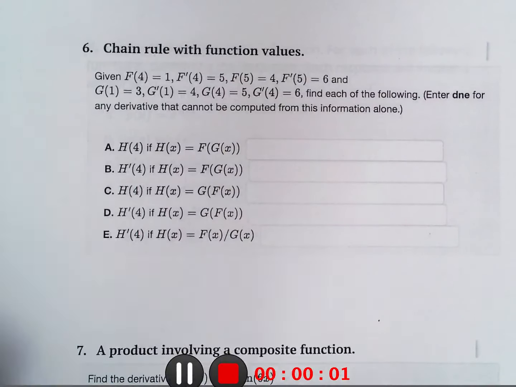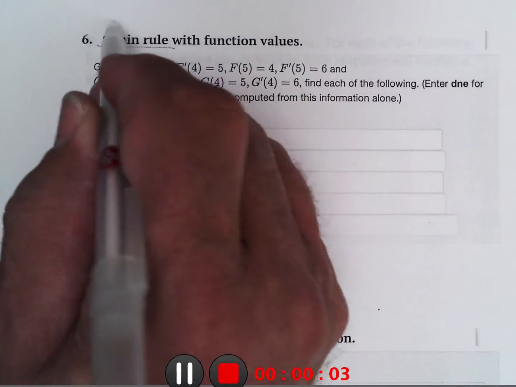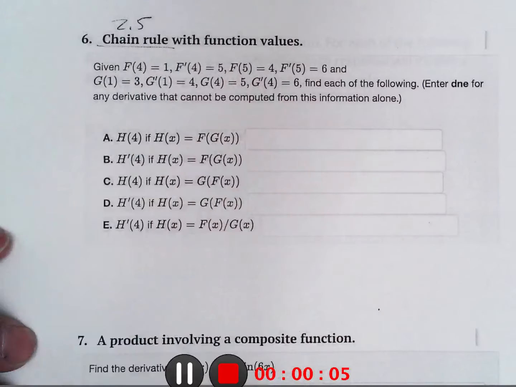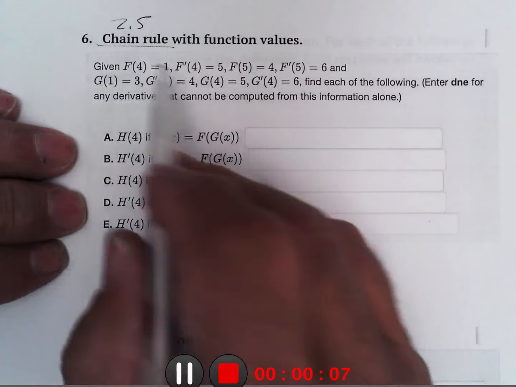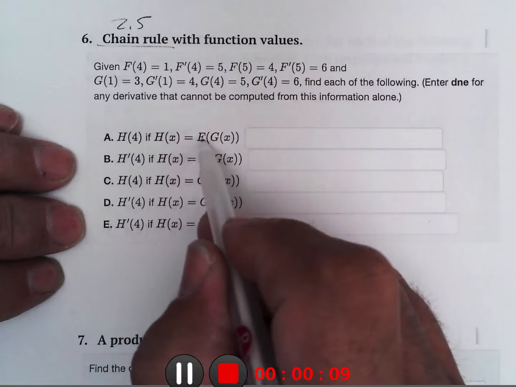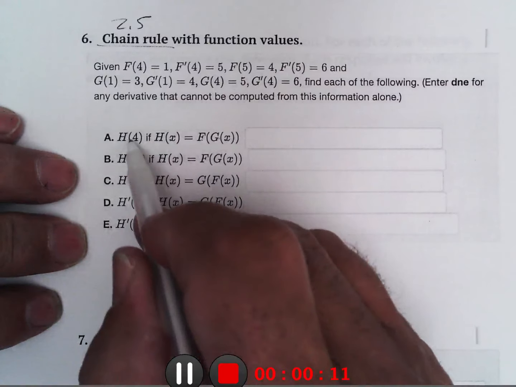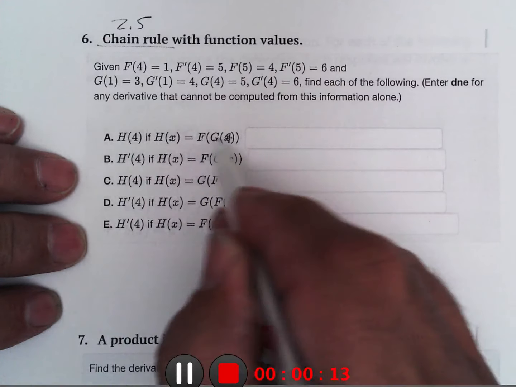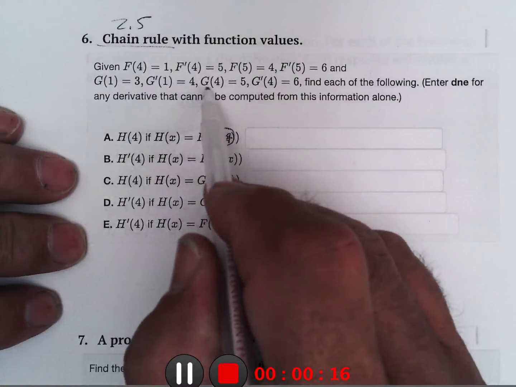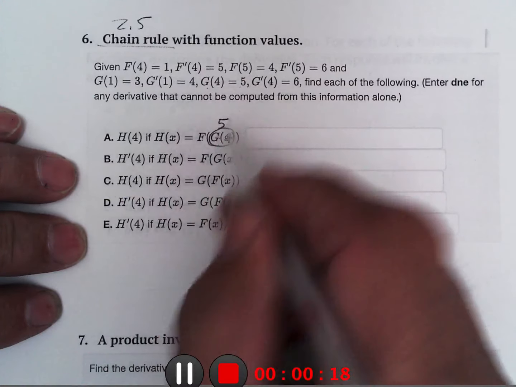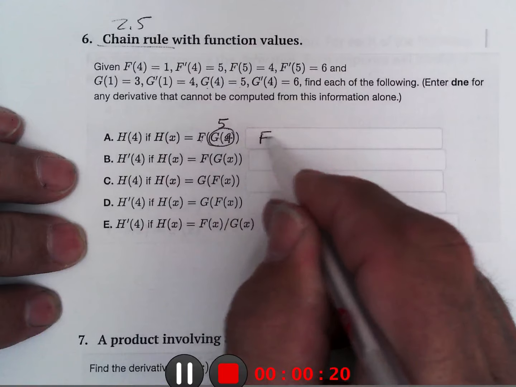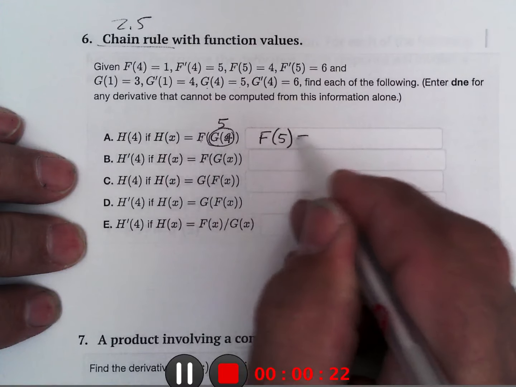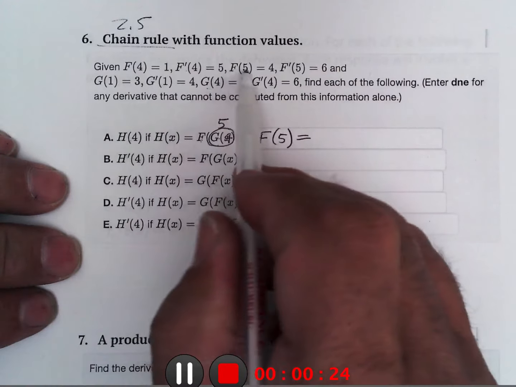Obviously, this is section 2.5, chain rule number 6. And we have all these, and we're supposed to find f of g of x at 4. So g of 4 is 5, and then we're going to have to find f of 5, which is 4.